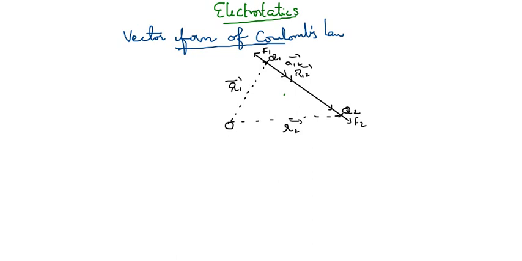Now, these two charges have their own effect on each other, that is the force. So there is the force exerted on Q2 due to the charge Q1, and the force exerted on Q1 due to Q2.